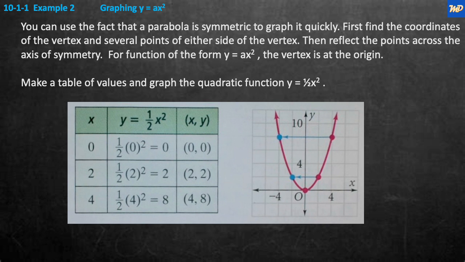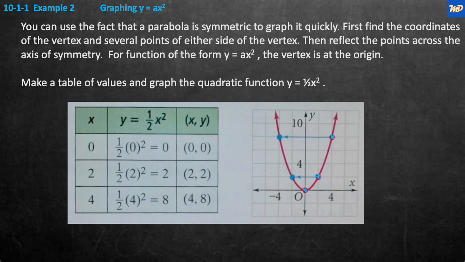So the table is right here, x values, and they're only doing the positive side over here. We started at 0, right down here at 0. So at 0, the y term is 1/2 x squared.